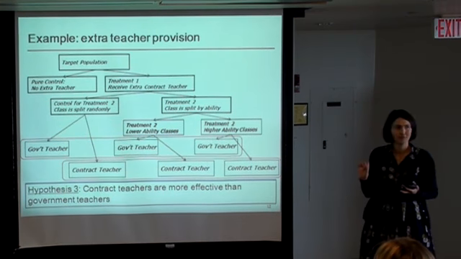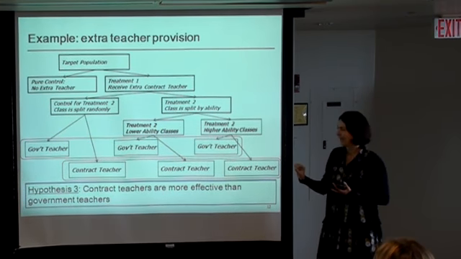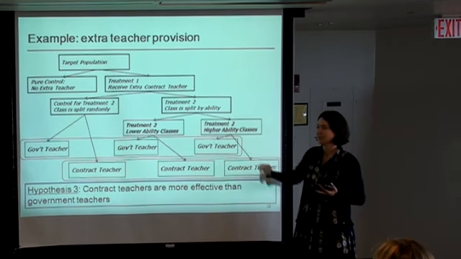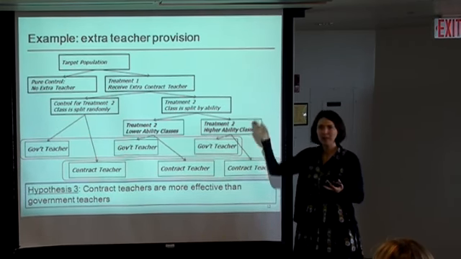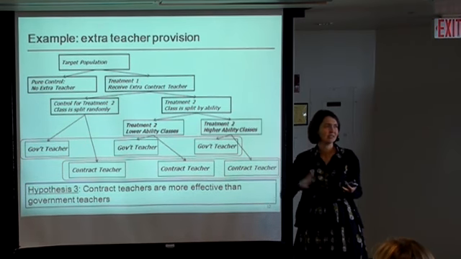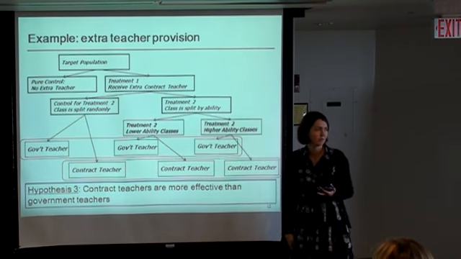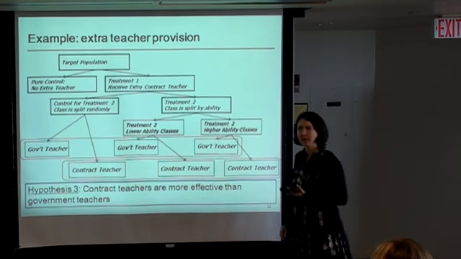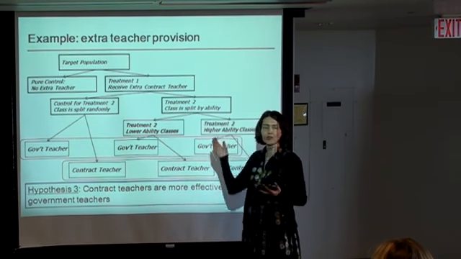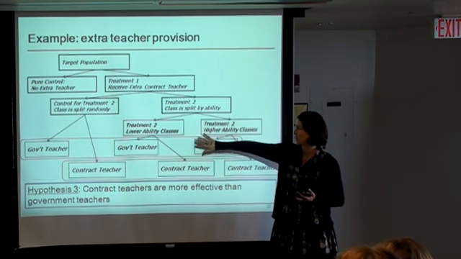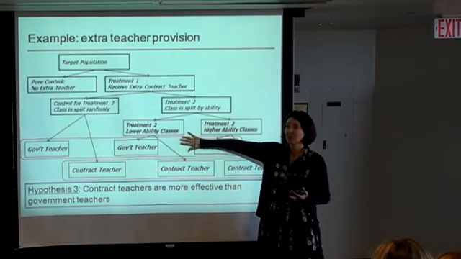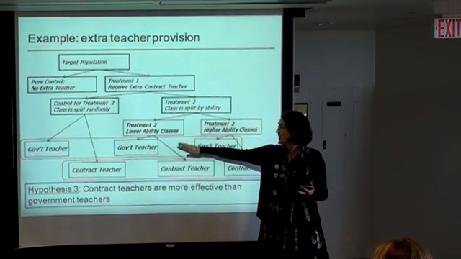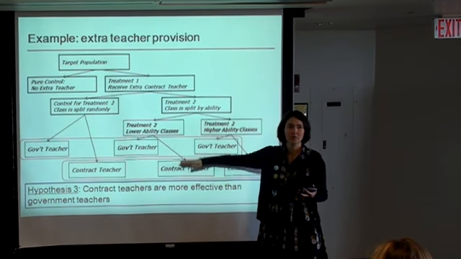The negative is that I'm looking at a contract teacher versus a government teacher, and in the background, some of those classes are streamed versus not streamed. It should all fall out in the wash, because these have streamed as well. So to the extent that streaming has an effect, it has an equal effect in these two.